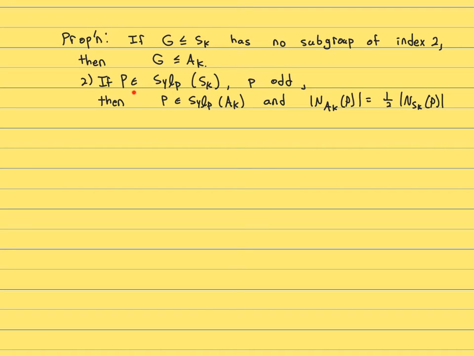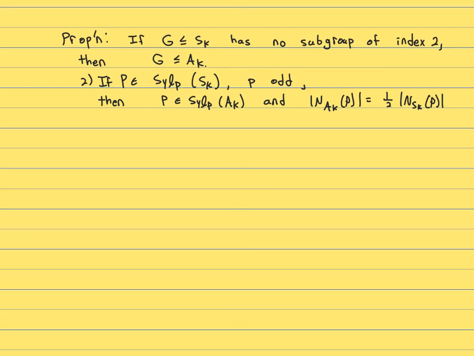In particular, if you take a Sylow subgroup of the symmetric group for an odd prime, then any subgroup inside it has index a power of P, so it can't be index 2, ergo it is a subgroup of the alternating group, and based on order considerations it has to be a Sylow subgroup, because again 2 is not involved, so it's going to have the same order, and the order of the alternating group is K factorial over 2.